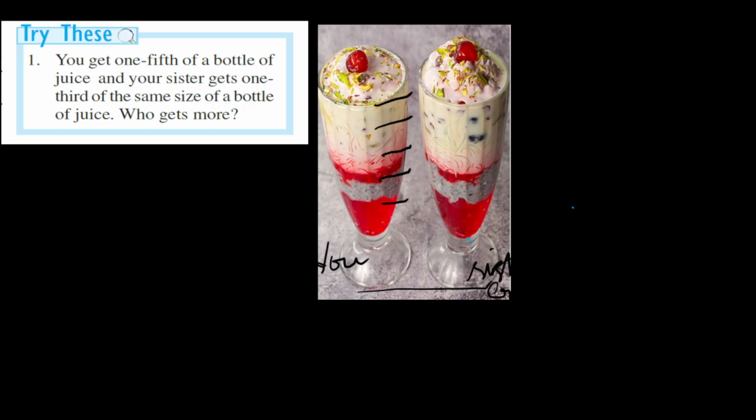Your sister got one third of the same size of the bottle. The same juice bottle is divided into 3 equal parts. Here this is the 3, the same bottle is divided into 3 equal parts, and now you have got 1/5, so you have got this much as your portion, and your sister got this much as her portion, and this is nothing but 1/5.